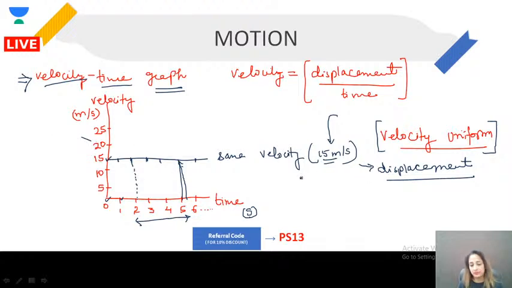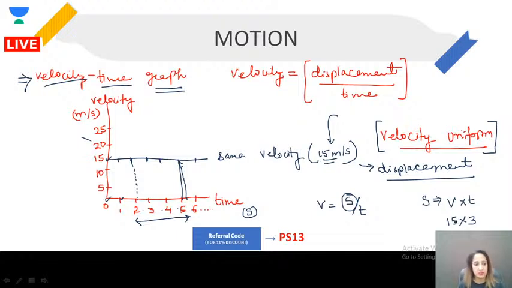We know that velocity is equal to distance or displacement by time. And if you want to find the distance covered by the object, it is velocity into time. So the velocity is 15. And what is the time? 1, 2, 3. 3 seconds.